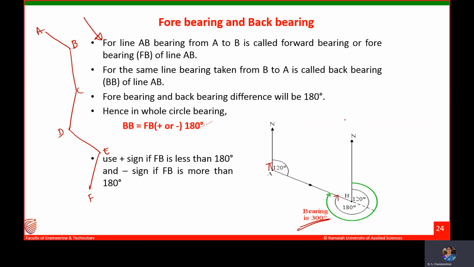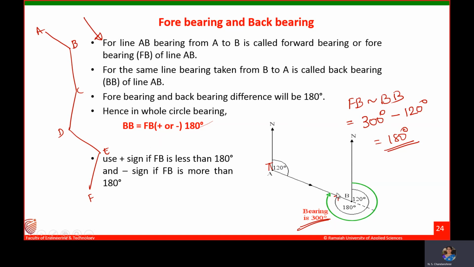When you find the difference between forebearing and back bearing, we subtract the smaller reading from the bigger reading. So 300 degrees minus 120 degrees is 180 degrees. So each line should have a difference of 180 degrees.